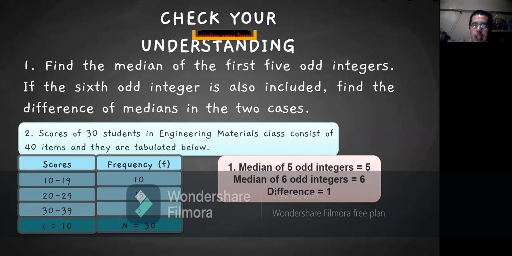For the median of 6 odd integers, including 11, we have 1, 3, 5, 7, 9, 11. Take 5 plus 7, then divide by 2, so that's 6. The difference of the two medians is 6 minus 5, which is 1.